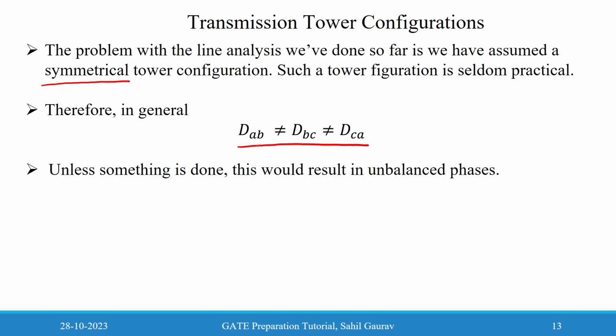If these are not balanced, then whatever voltage you apply at one end, due to different inductance for each phase, there will be different voltage drops, and finally you will get an unbalanced voltage at the output.